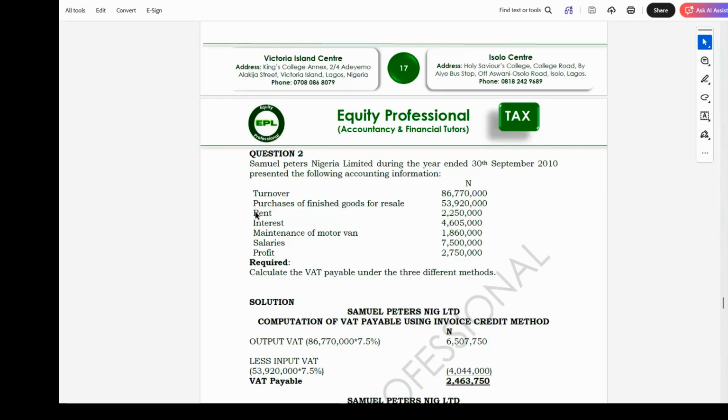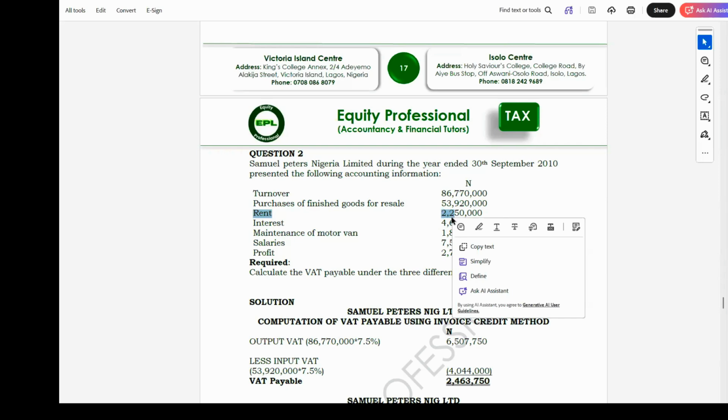Then we also have another expenditure that they incur, rent. To this business, this rent is going to be which type of expenditure? Who can tell us? Expenditure is of two forms, I explained it earlier: either revenue or capital.